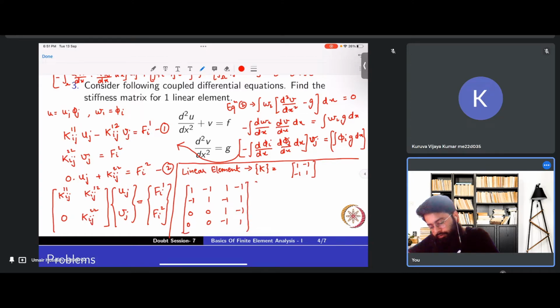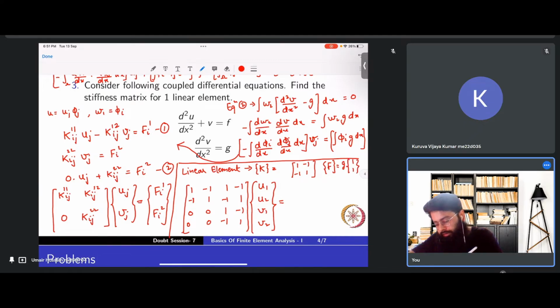And how should this look? We have the u's first, right? So it's a linear element. You have two nodes, u1, u2, and then we have v1, v2. And then how should F look? F for a linear 1D element is, I think, f upon he times something, 1, right?